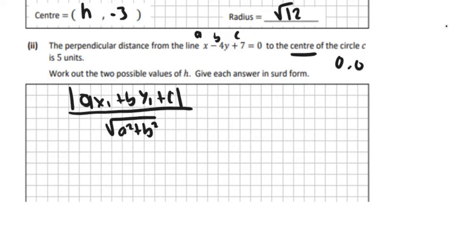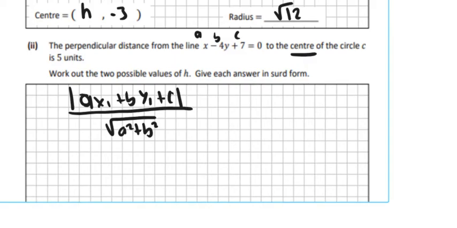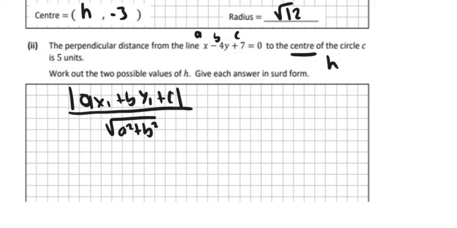Oh, sorry. Yeah, your center is h, minus 3. So that's it, and then we just sub into that and let it be equal to 5, because we know that the answer should be 5.